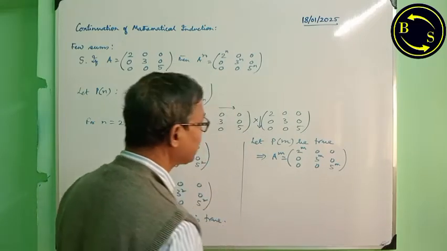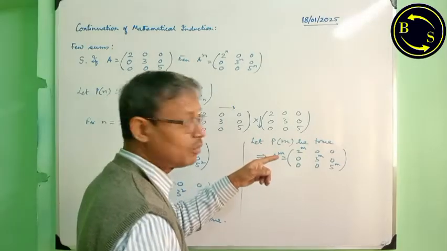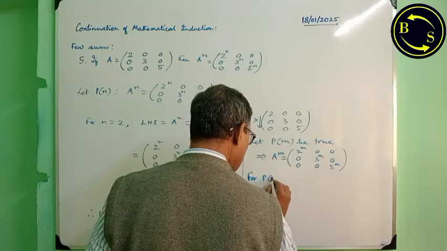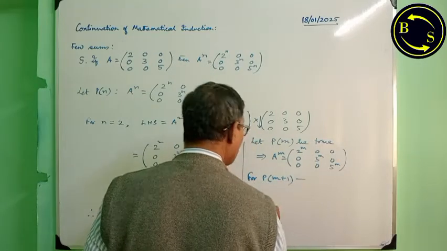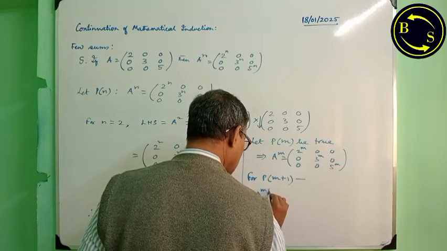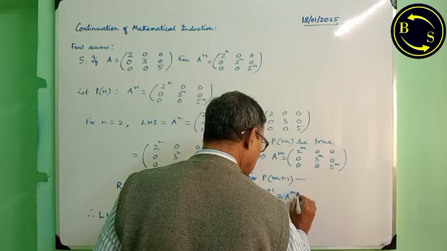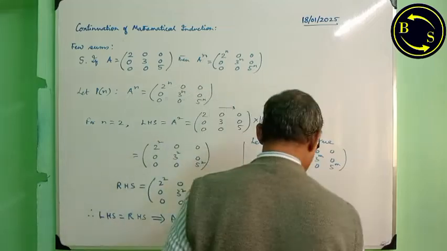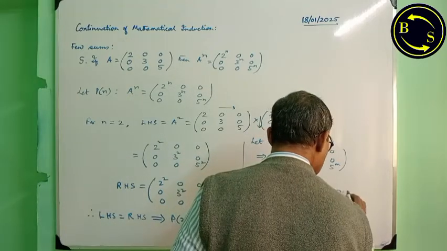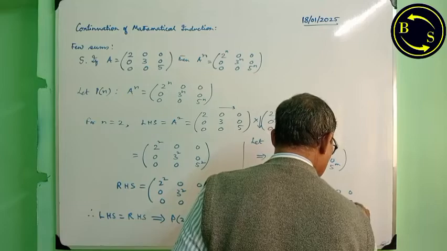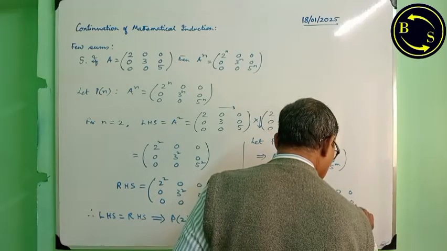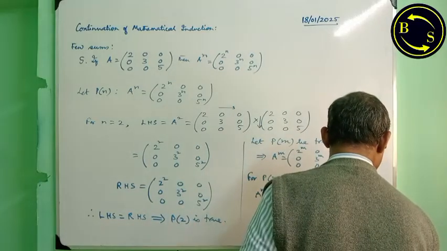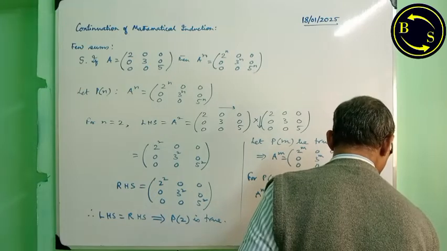Now we shall show by actual calculation P(m+1) whether it is true or false. For P(m+1), A to the power m+1 is equal to A to the power m into A. Now A to the power m already we have assumed. We write that [2 to the power m, 0, 0; 0, 3 to the power m, 0; 0, 0, 5 to the power m] into [2, 0, 0; 0, 3, 0; 0, 0, 5].